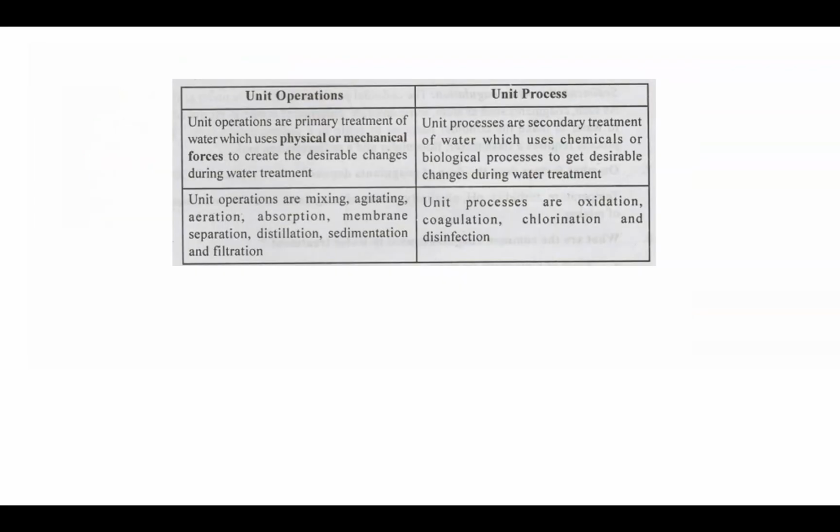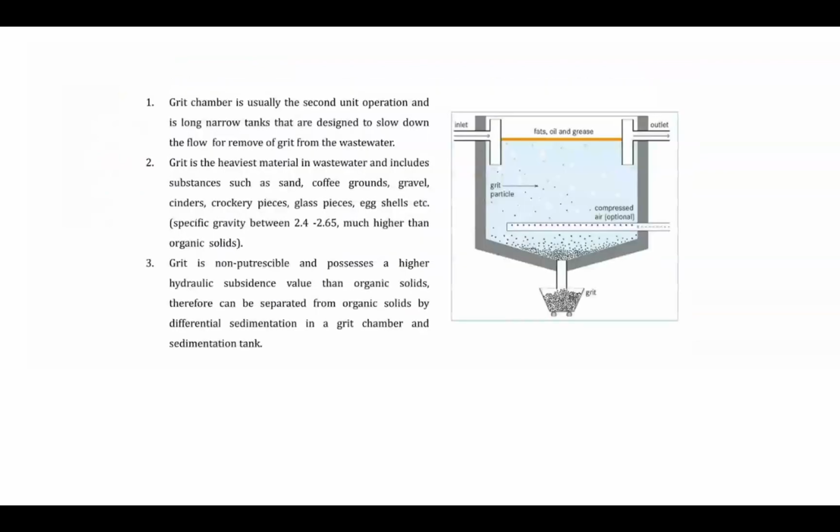See this. This is the grit chamber. Usually you see inlet and outlet here. Why are the grit chambers used? Anyone can tell what is the usage of the grit chambers?